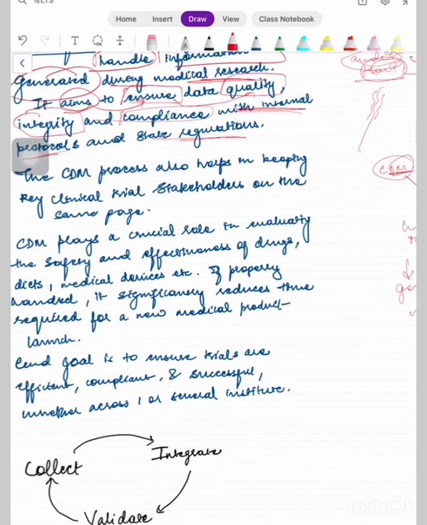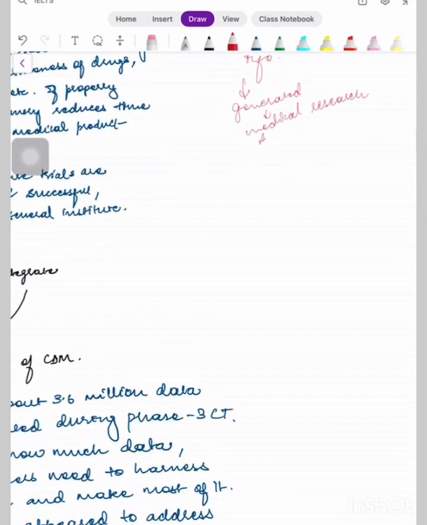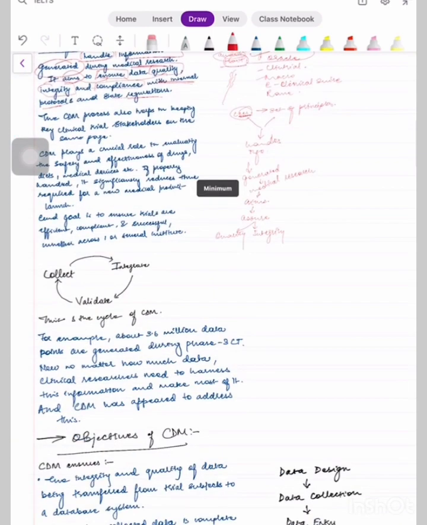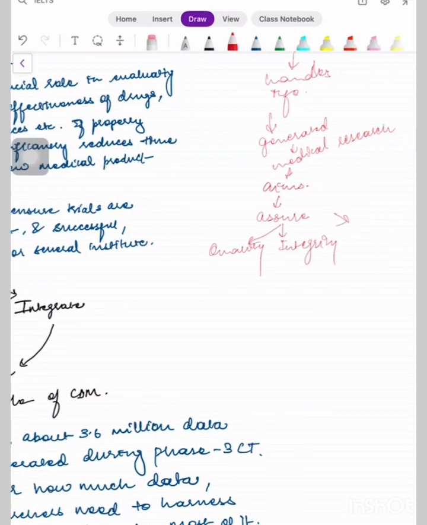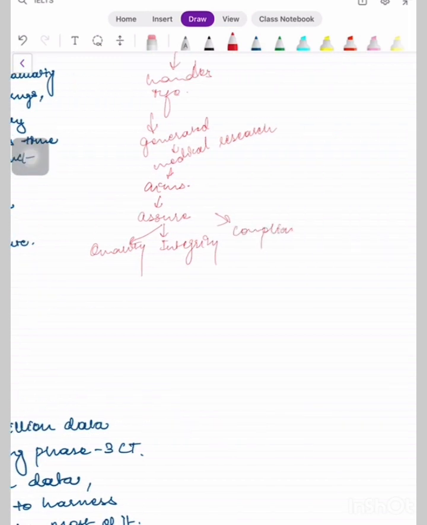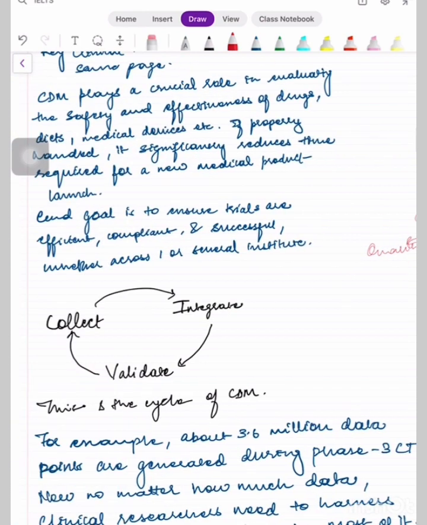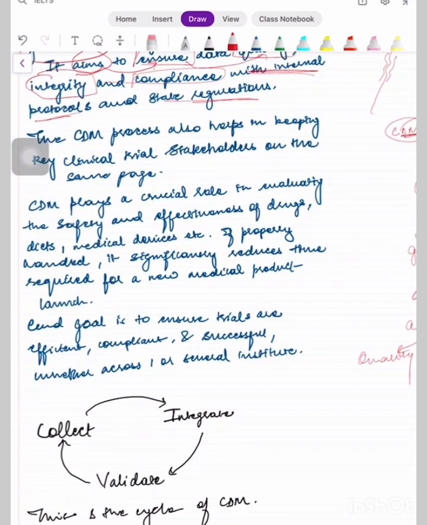And it aims to ensure, what is its goal, that it assures quality, integrity and compliance with internal SOPs and rules and state regulations, that is state FDA or any other regulatory body active in the state. So state regulations and internal protocols.